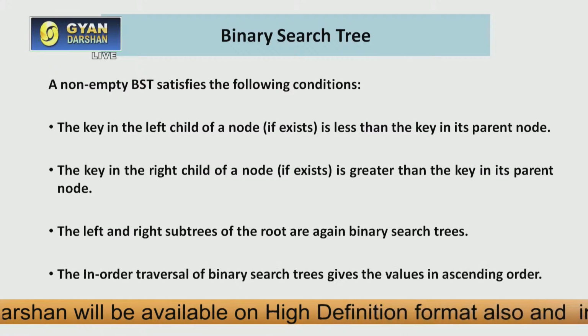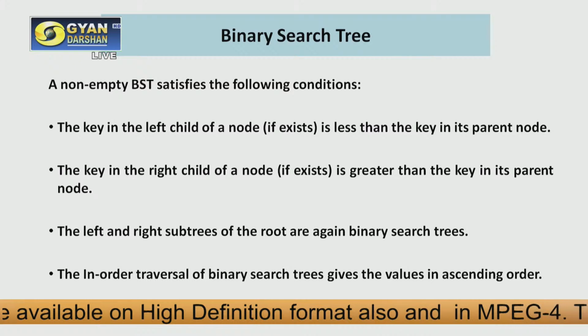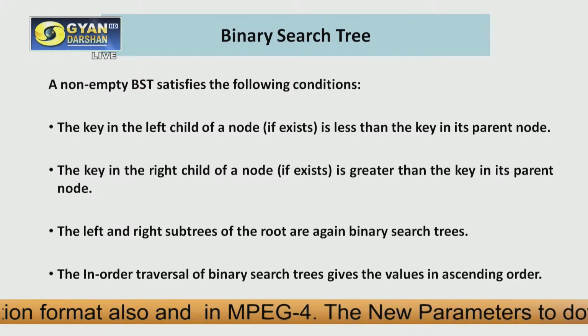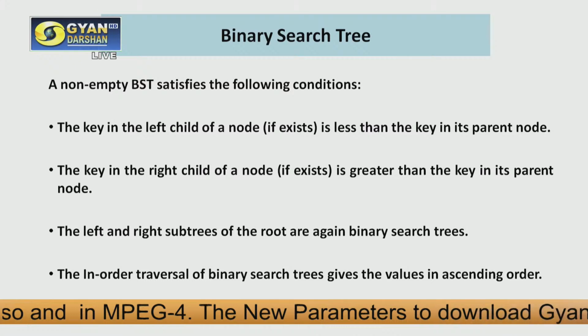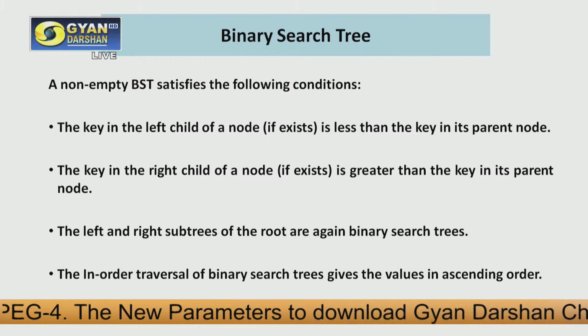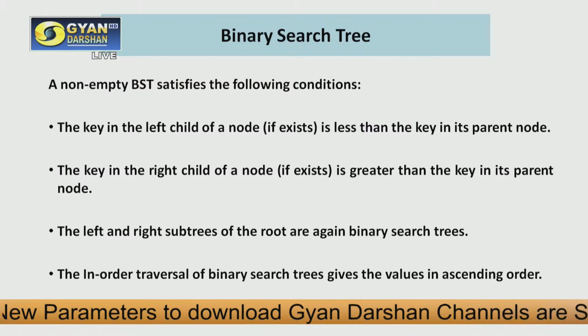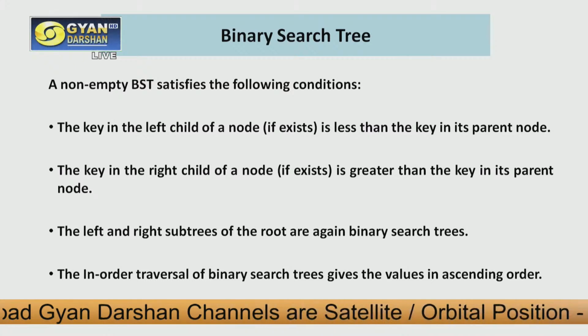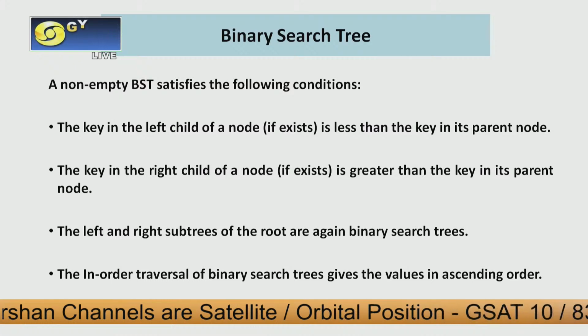One of the basic advantages, or basic properties, of a binary search tree is that if we do its in-order traversal, then it always gives the keys in sorted order, that is, in ascending order.